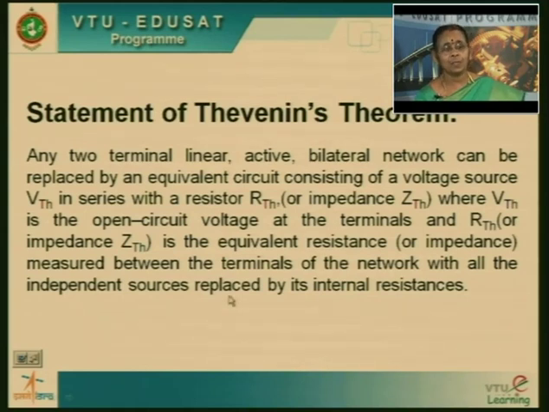We have to find the equivalent resistance by replacing all the voltage sources by a short circuit if they don't have any internal impedance or resistance. If internal resistance or impedance is present, then replace the voltage sources by their internal impedance or resistance, and ideal current sources by an open circuit, or practical current sources by their internal impedances again.